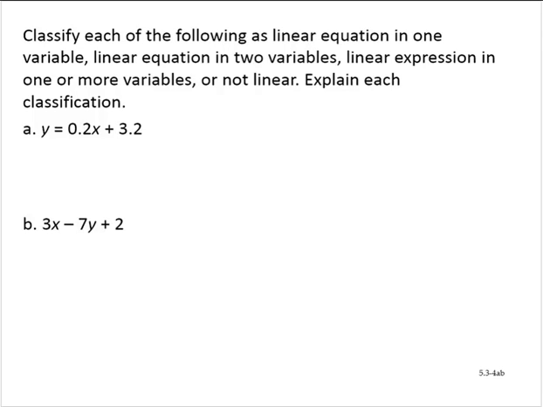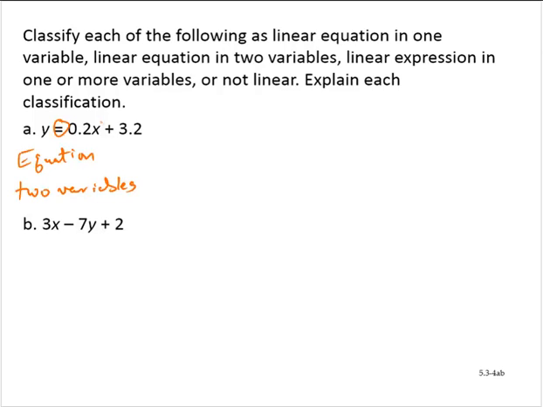Well, the first thing we can say is, since it's got an equal sign, this is an equation. So we know it's an equation. Now, let's look at the variables. Well, we have two variables. Let's look at the degrees of the variables.